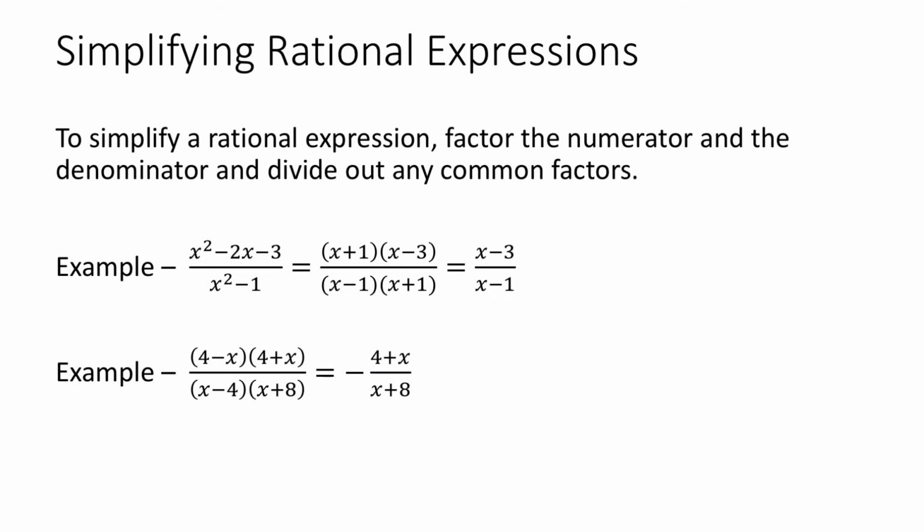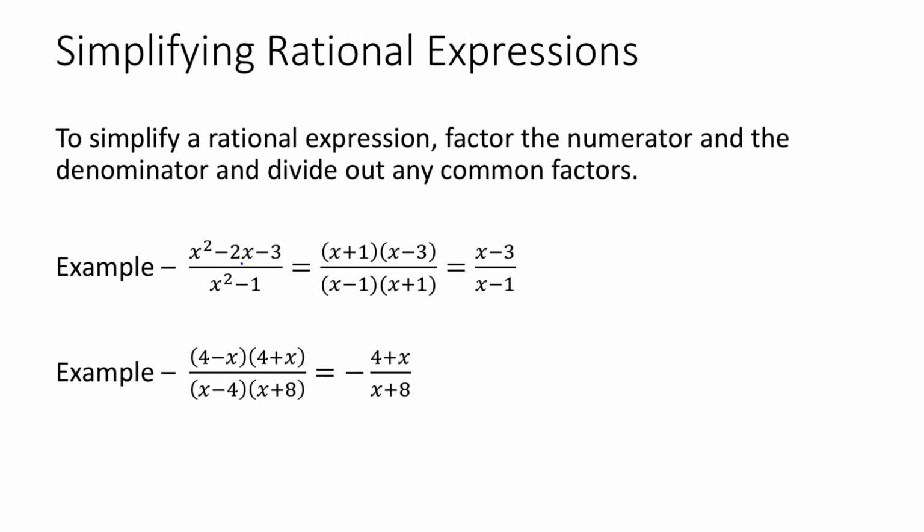Now let's talk about how to simplify a rational expression. If I want to simplify a rational expression, I'm going to factor the numerator and denominator where possible and divide out any common factors. Here we have a couple of examples. First of all, I have x squared minus 2x minus 3 over x squared minus 1.